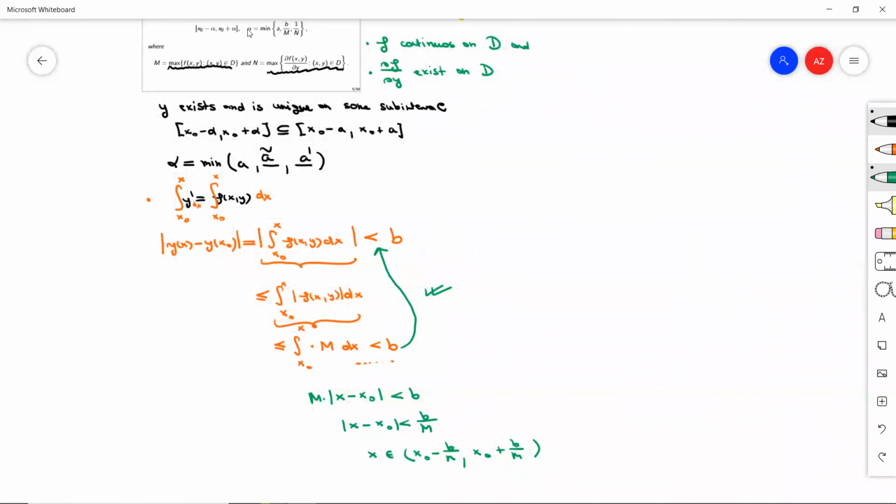So you see the second bound, alpha must be smaller than a. This is because it should be within our initial rectangle. Then it should also be smaller than b over M, because if it's smaller than b over M, then we know that this condition will be fulfilled.